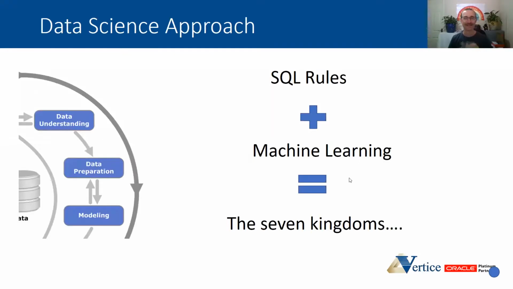In the world of data science, one of the approaches you can use is something called the CRISP-DM, the Cross-Industry Standard Process for Data Mining. It's very iterative, so you try a model, you learn from it, you try another model, you learn from it, etc. In this case, we're going to put together your SQL rules and my machine learning, and hopefully we're going to save the 7 kingdoms for the Hand of the King. Excellent. Sounds like a plan? Yeah, that sounds like a plan.